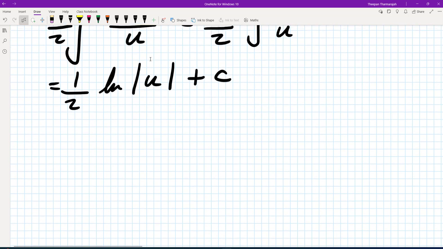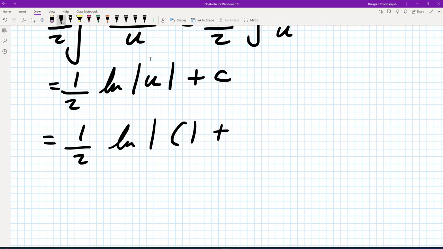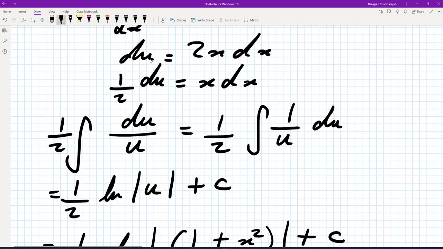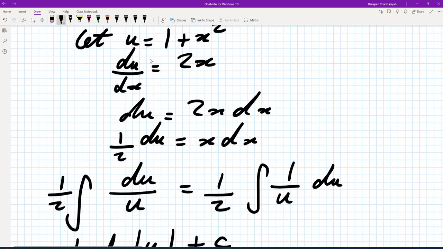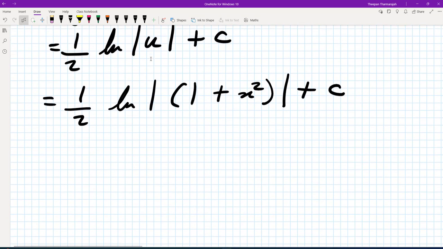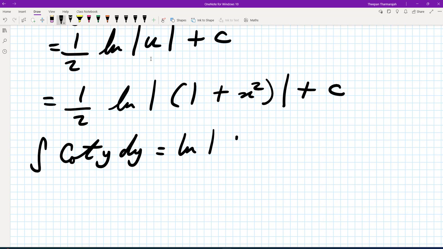Now we can replace u with 1 plus x squared, so it's a half ln of 1 plus x squared in mods, plus c. So now you should know from regular A-level that the integral of cot y dy is ln mod sine y.